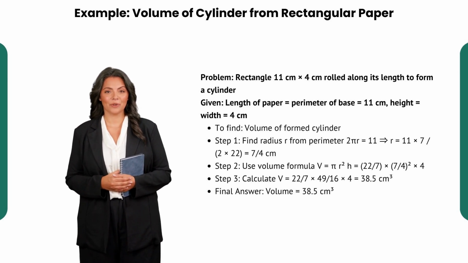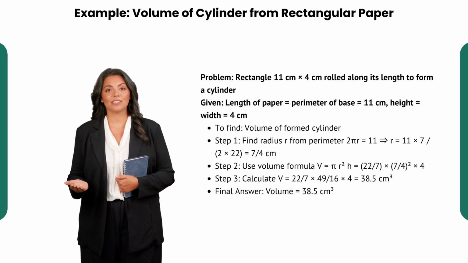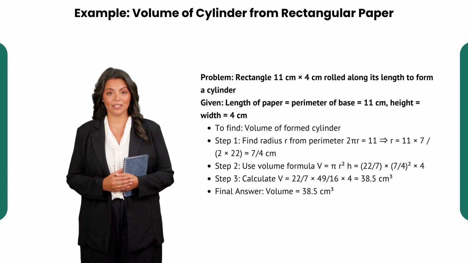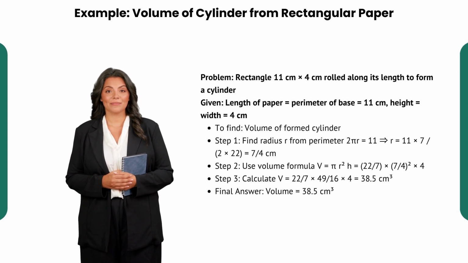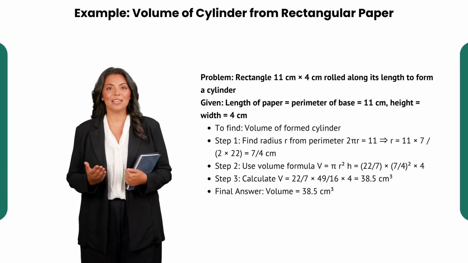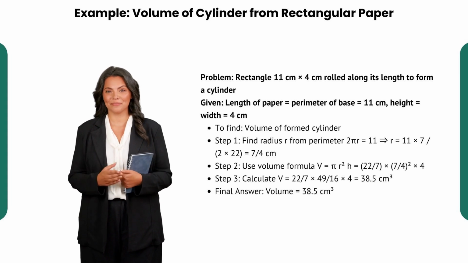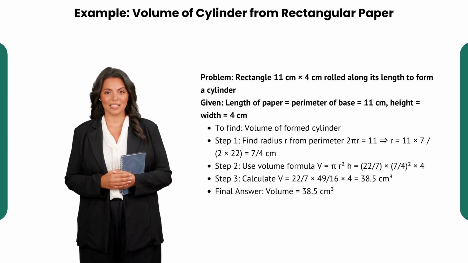Now, using the volume formula for cylinders, which is pi times r squared times h, we substitute the radius and height and calculate. This simplifies to approximately 38.5 cubic centimeters. This problem beautifully connects the idea of unfolding and folding shapes and shows practical geometry. Can you picture rolling any rectangular sheet to form cylinders?